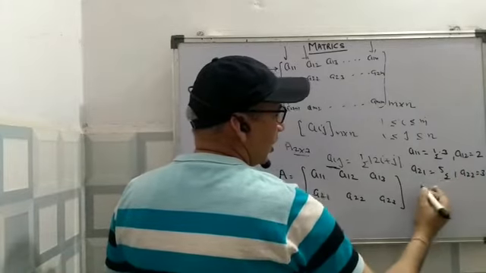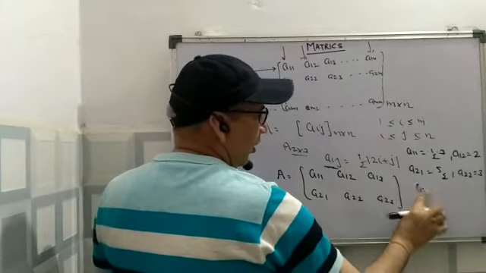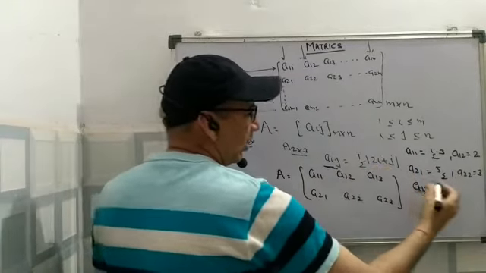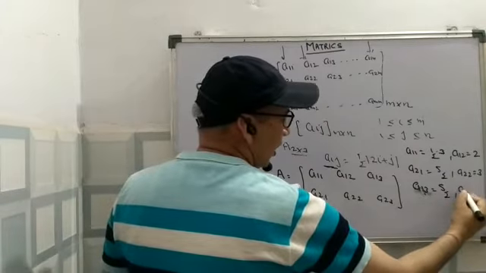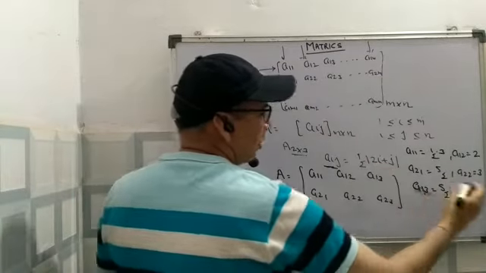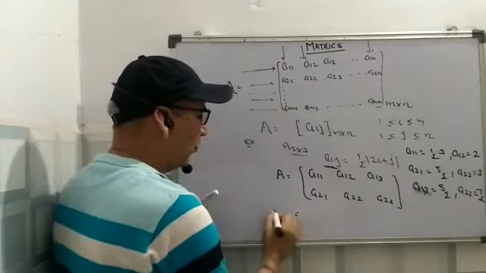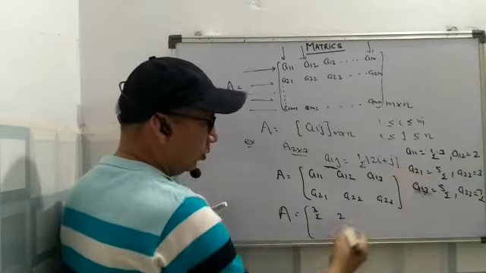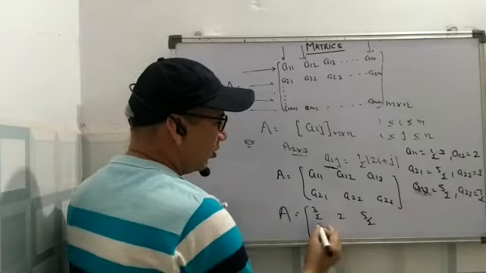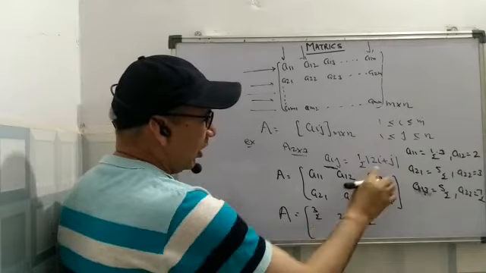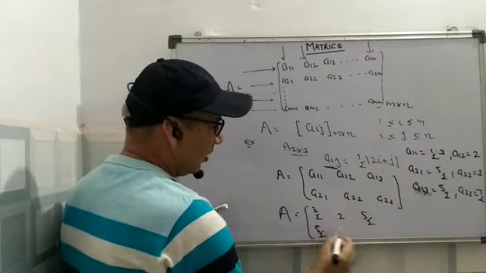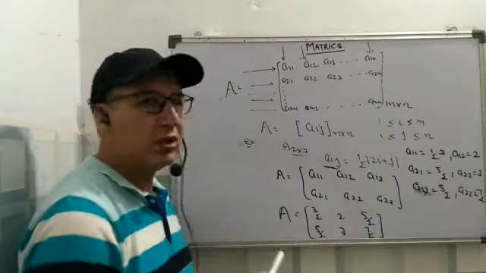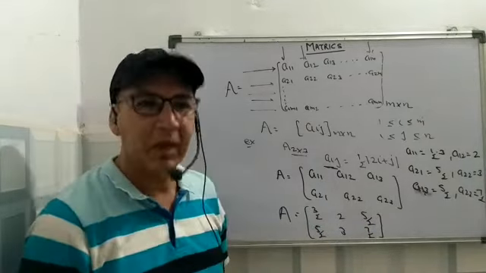A22 is 3. A13 is (2 + 3)/2, which is 5 by 2, and A23 is (4 + 3)/2, which is 7 by 2. Now we will place these values here: A11 is 3 by 2, A12 is 2, A13 is 5 by 2, A21 is also 5 by 2, A22 is 3 and A23 is 7 by 2. So this is the method to construct a matrix.